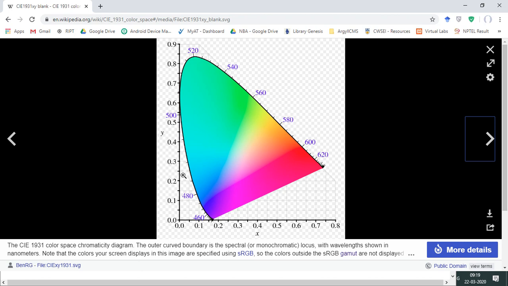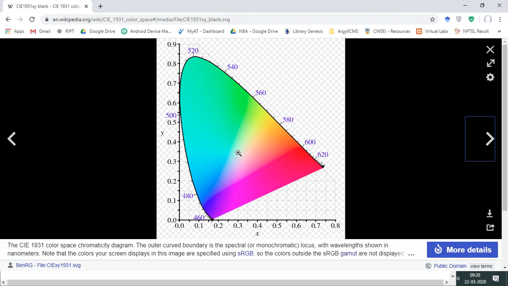Here one piece of information is missing. As you can see, you are getting the hue along all the points of this curve, right? From 400 to 700, all these points are areas of pure hue. As you move from any point to the center, the saturation is decreasing. So you are getting hue information and saturation information, right? But what you are missing is the lightness information.